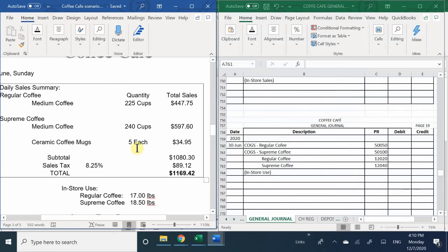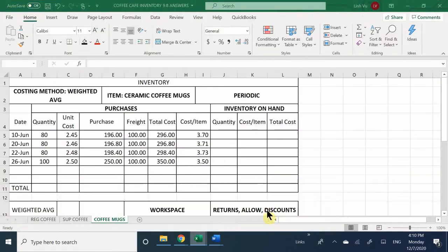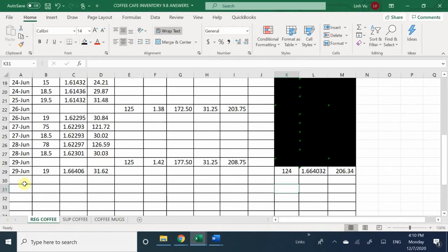So in my journal, I used 17 pounds for the regular coffee and 18.5 pounds for the Supreme coffee. All right, so let's go to our inventory and figure out what we spent.